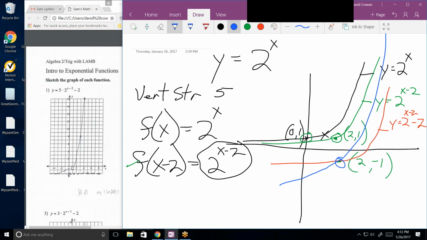When you're doing stretches, they change the shape of the function, as opposed to shifts, which do not. When you're doing a horizontal or vertical shift, you're taking the exact same shape of the function and either moving it up or down or right or left. When you're doing stretches or shrinks, you actually change the shape of the function.